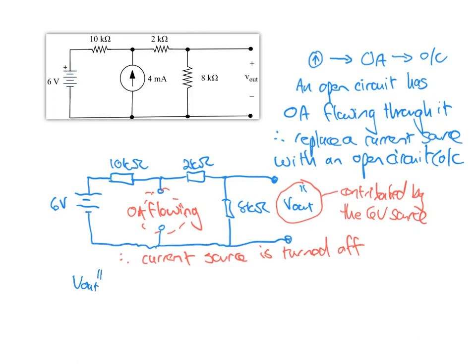So V out double dashed is equal to 6 volts times 8 kilo ohms divided by the 12 kilo ohms plus 8 kilo ohms. And this gives us V out double dashed equal to 2.4 volts.